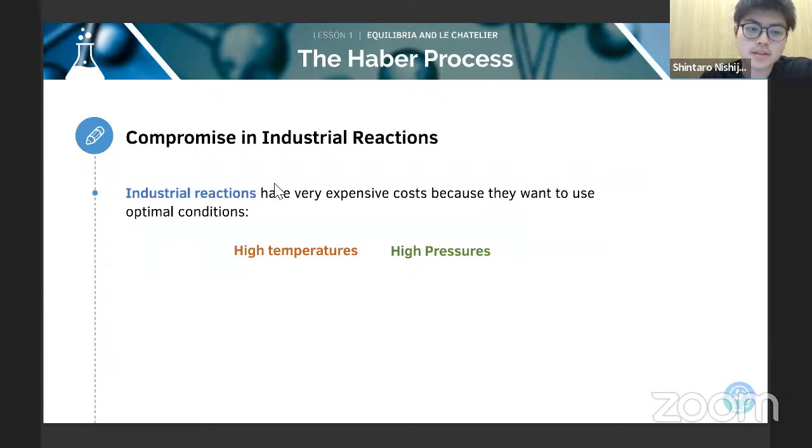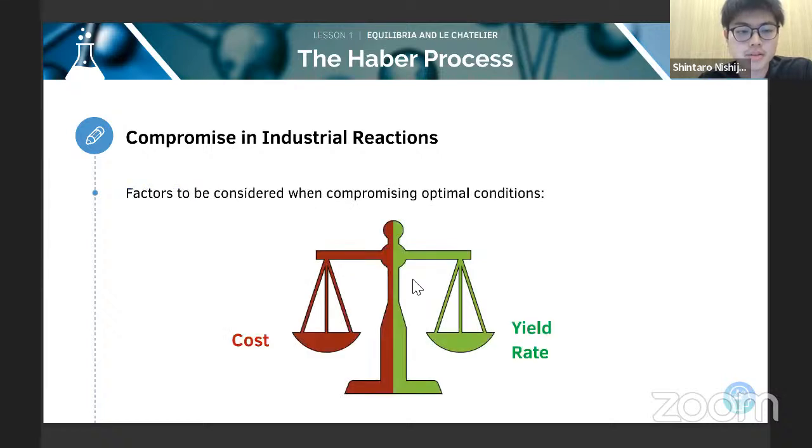But you can't always do that in reality because, for example, let's say Le Chatelier's principle predicted that you want high temperatures and high pressures to shift the equilibrium to the right, where you have the most products being produced. But that could be impractical, right? Because high temperature and high pressures are quite expensive to maintain. And you might actually be losing money.